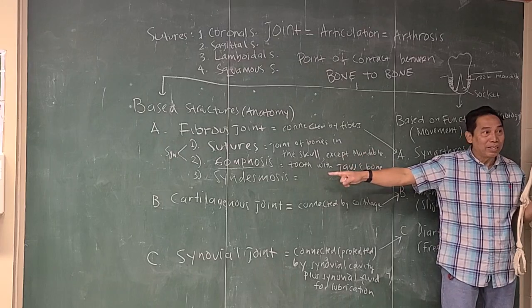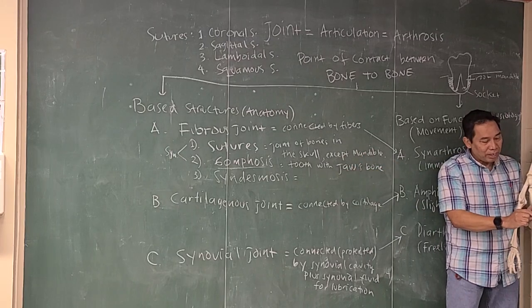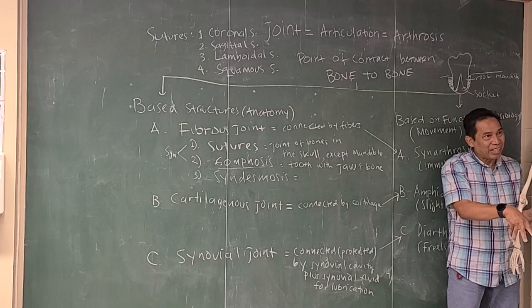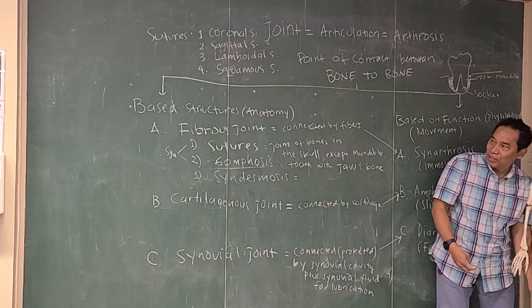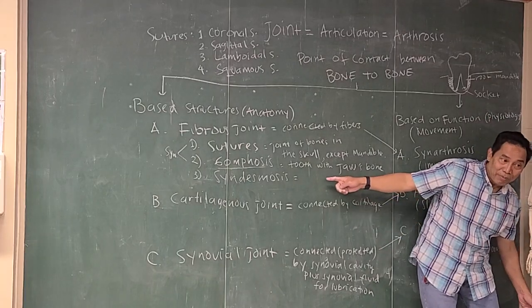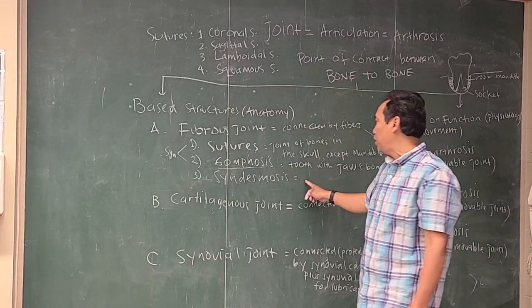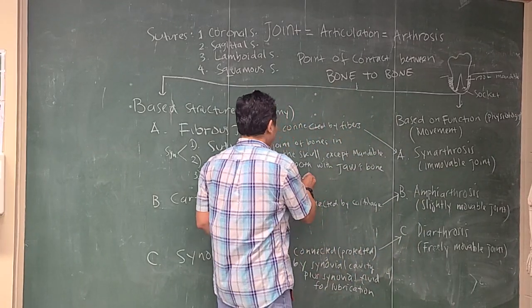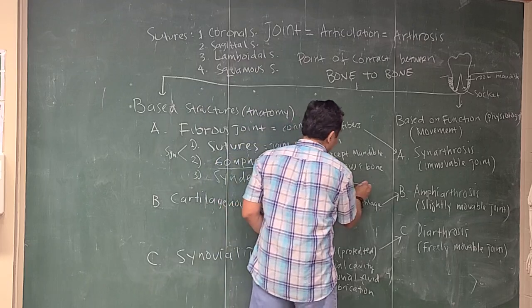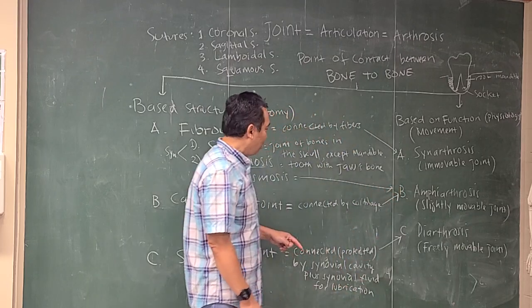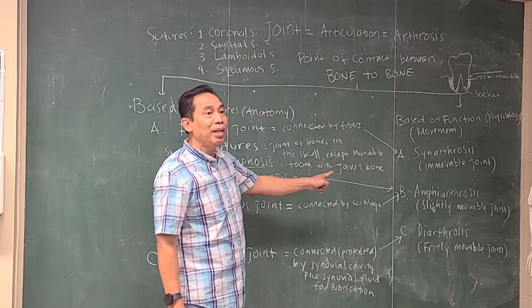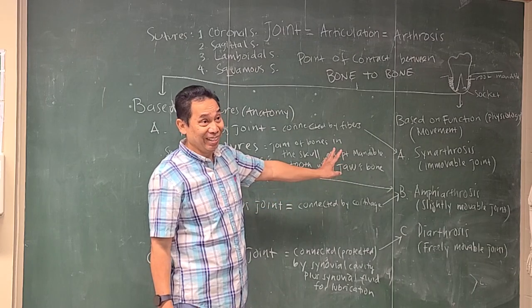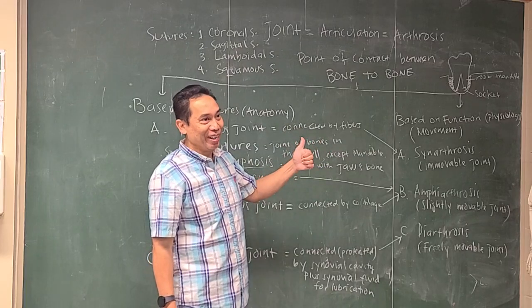It's called syndesmosis. It actually allows a little bit of movement. They can slightly move. So again, put the names of the bones that have syndesmosis: radius and ulna, tibia and fibula. So what is the function based on the movement? Syndesmosis is amphiarthrosis, slightly movable. You follow this? Make sure you get this one, right?